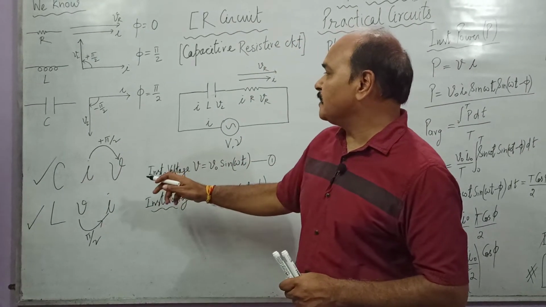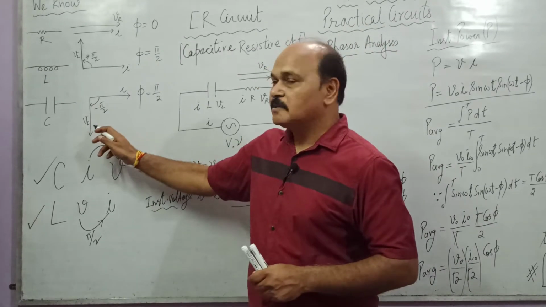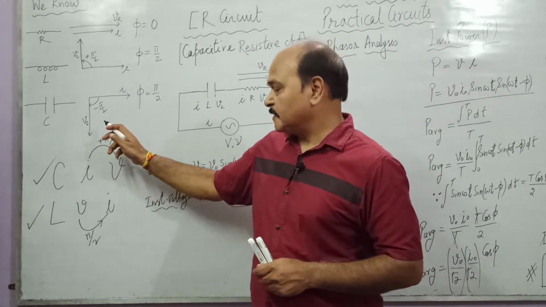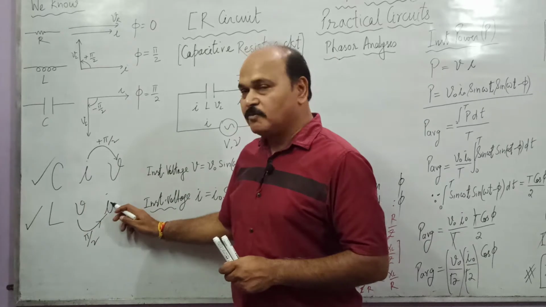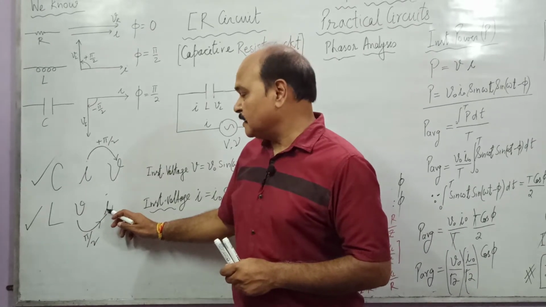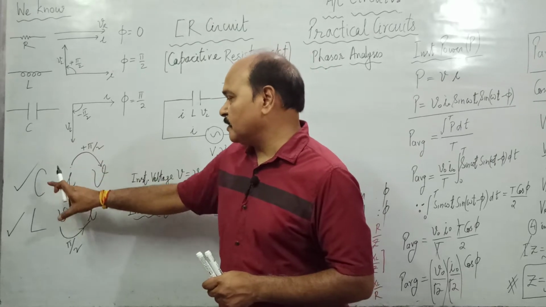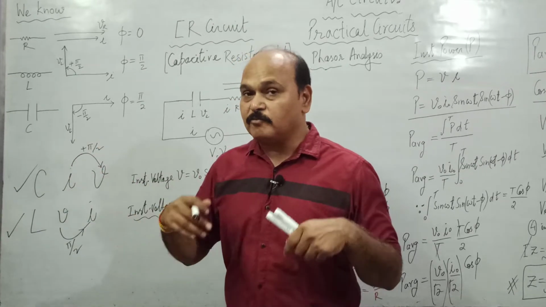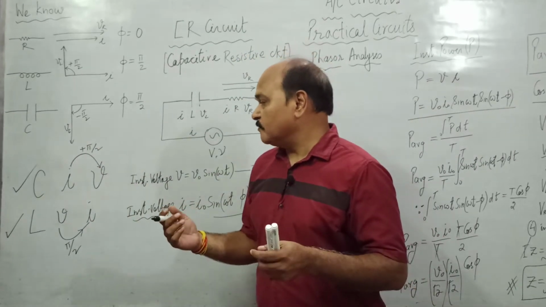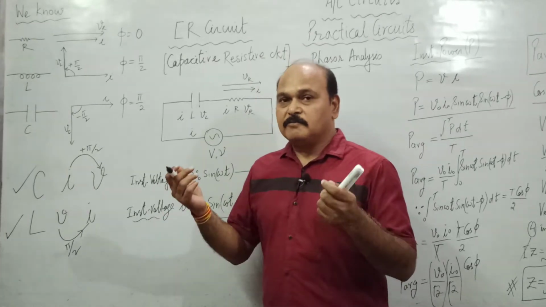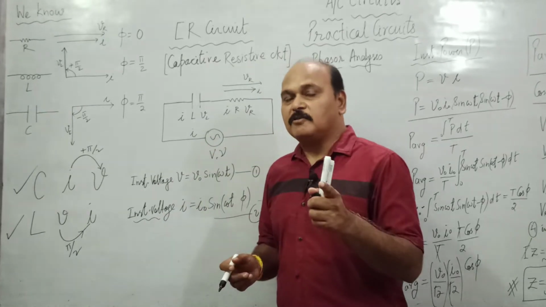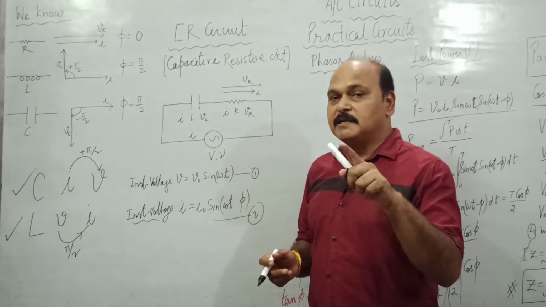This is what is plotted here. Across an inductor, voltage leads over current, or we can say current lags behind voltage. So with this very simple word CIVIL, we can extract the phasor relationship between current and voltage across a capacitor as well as an inductor.